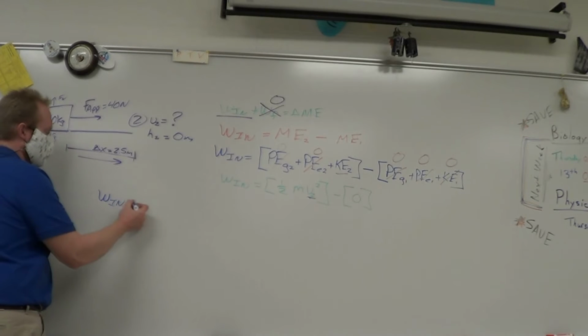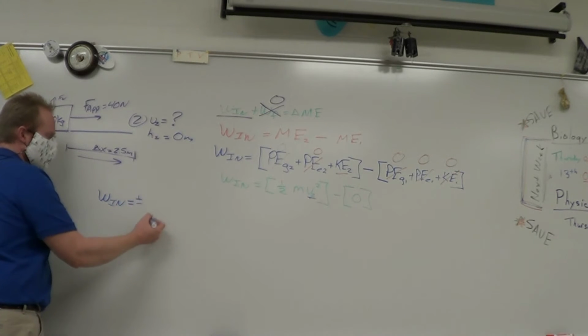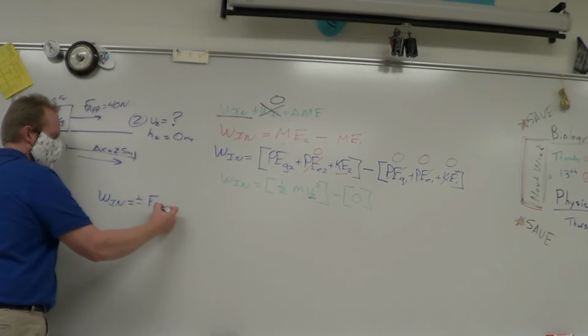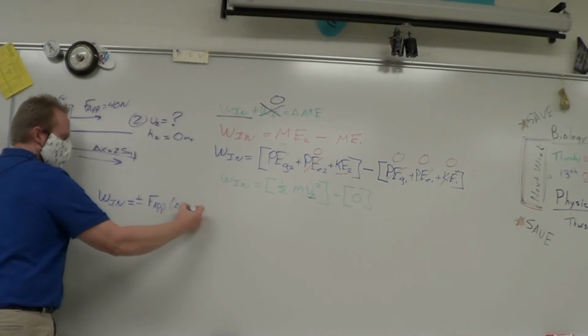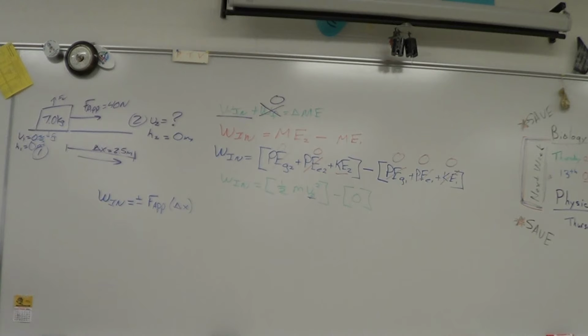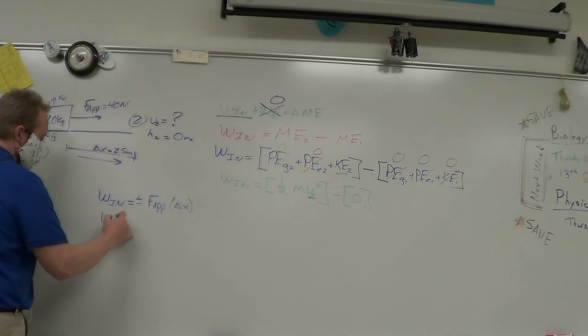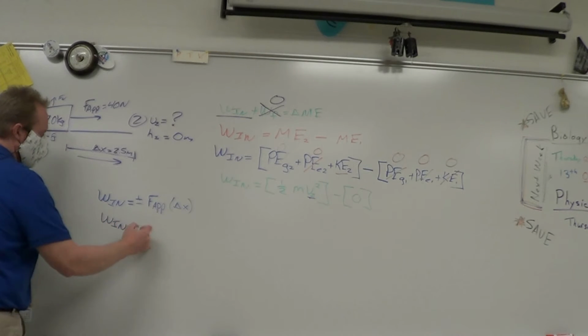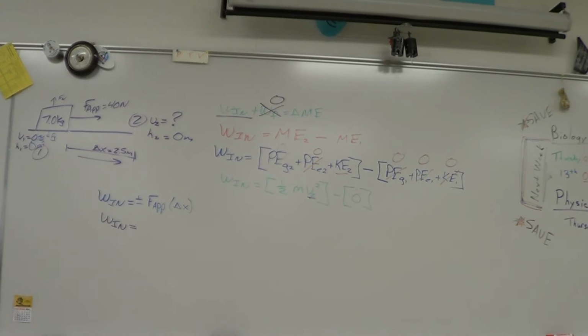So our work in equation is plus or minus our applied force times the displacement. Work in is equal to plus or minus. If my applied force is in the same direction as my displacement, it's going to be the plus. If my displacement and my applied force are in opposite directions, then we have to choose the minus.